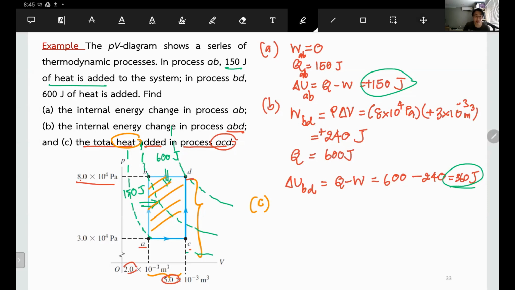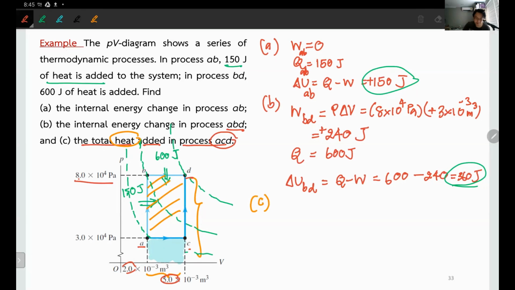How much do you think you're going to get? Of course, it's going to be the area under the curve, so it's going to be this area right here. You guys with me? A to C, because C to D, you get no work. So the work going from A to C to D is just that area right here, W_ACD.